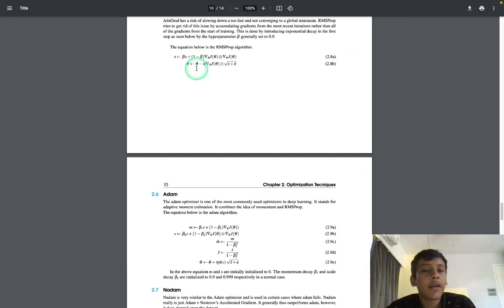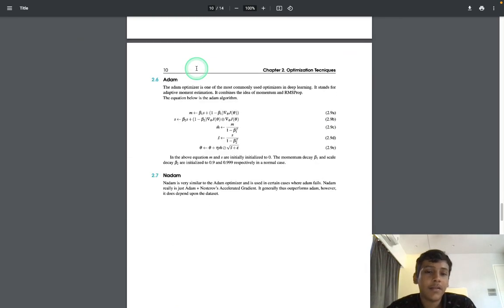Now you will see that Adam is really just, you take Adagrad, you take RMS Prop, and then you mush them together in a way, and that gives you Adam. Adam is a pretty complicated optimizer, because as you can see, it takes up a bunch of equations. These two equations you really don't need to worry about, because even the books I was reading that dealt with Adam said not to worry about them.